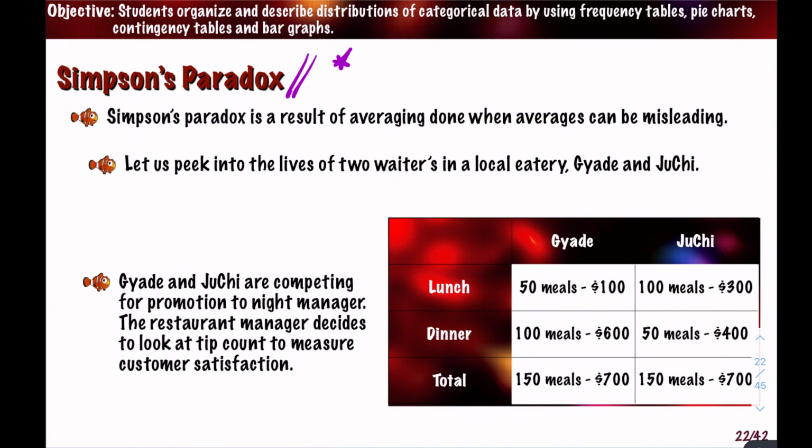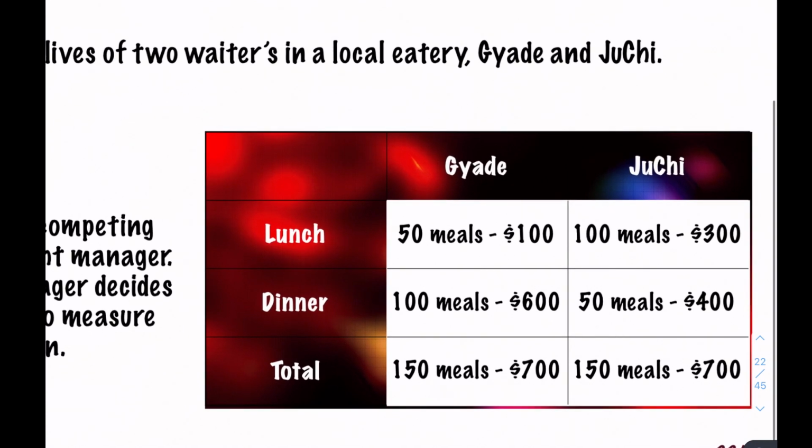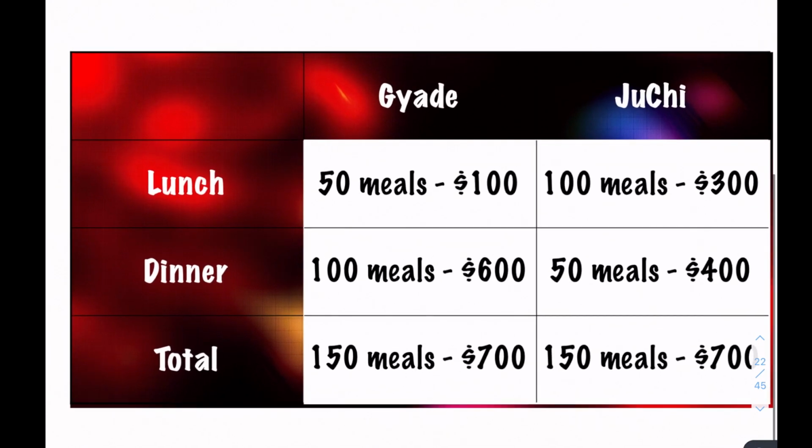We're going to name them Gayad and Juchi. So here's the situation. Gayad and Juchi are competing for a promotion to night manager. The restaurant manager decides to look at tip count to measure customer satisfaction. We have both of these servers' performances for lunch and for dinner.